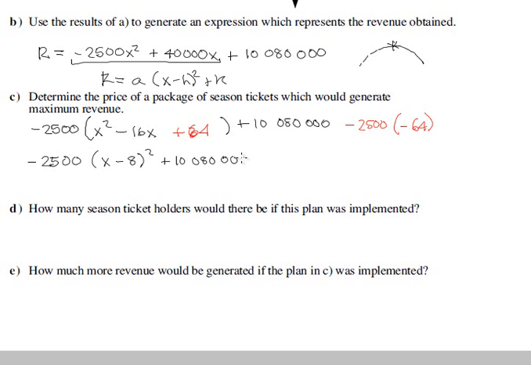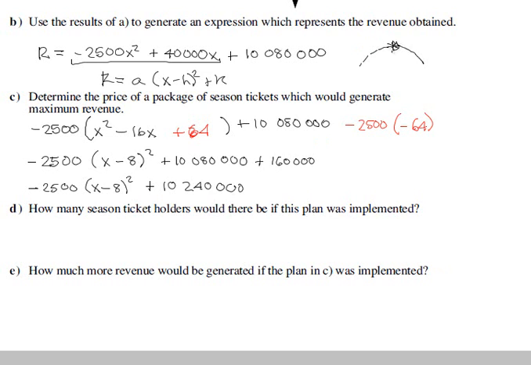And then we get minus 2,500 times 64, which is 160,000. So, finished form, this is minus 2,500, x minus 8 all squared, plus 10,240,000.